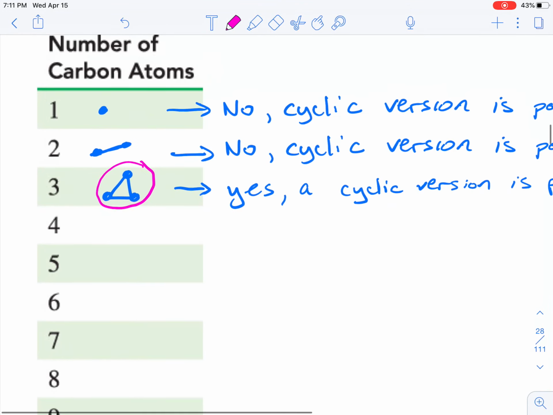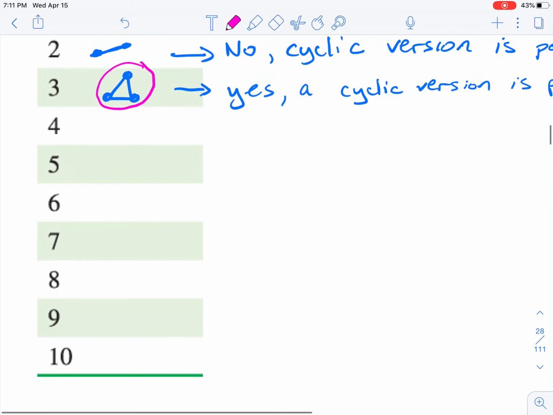Now, we can go through this exercise for the rest of them, but if you have 4 carbons or 4 vertices, 5 vertices, 5 carbons, 6 carbons, 6 vertices, and the list goes on, could you create some type of enclosed or cyclic structure out of them? The answer to that is yes.